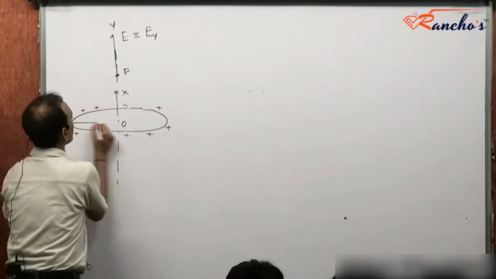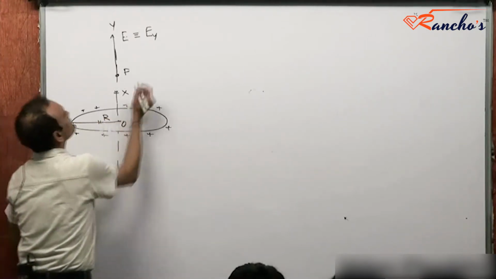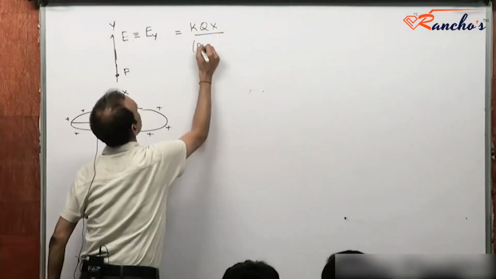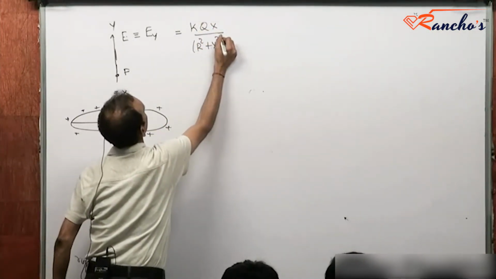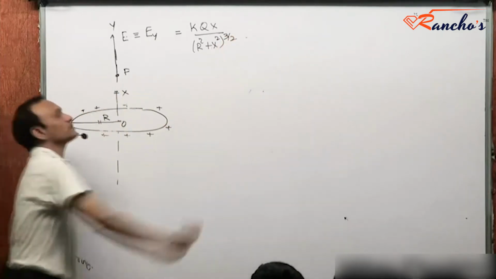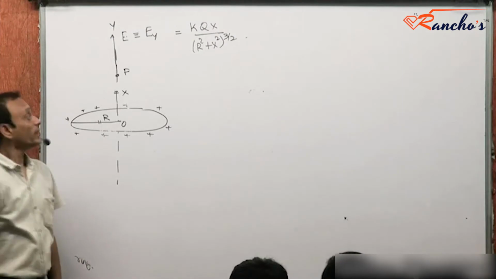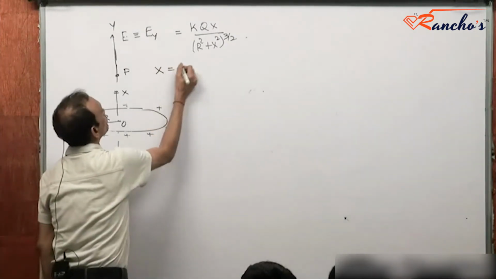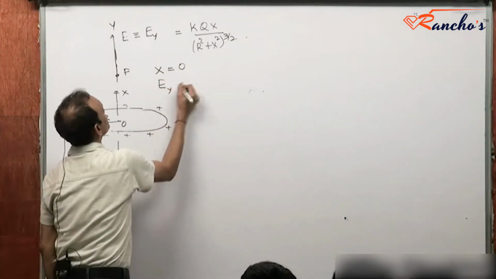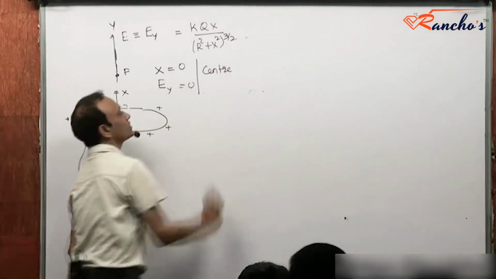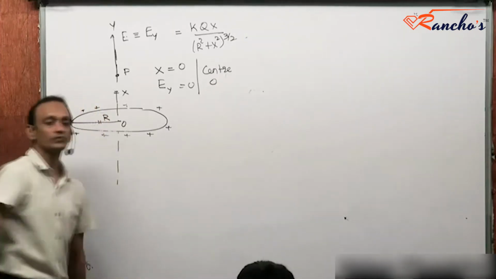If R is the radius of the ring, this electric field is kQx by (R squared plus x squared) to the power 3 by 2. That's the net electric field. At x equal to 0, which is the center O of the ring, you can see that the electric field is 0.